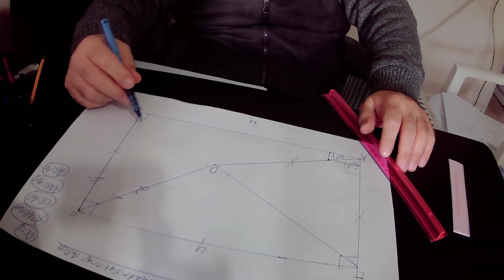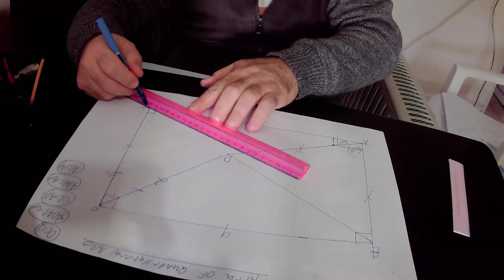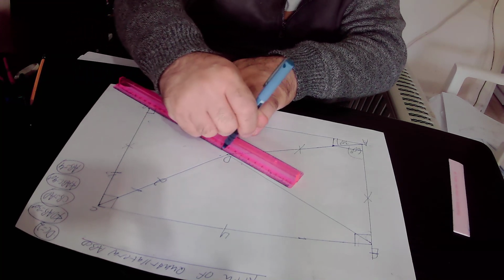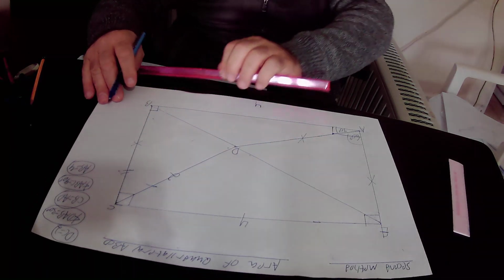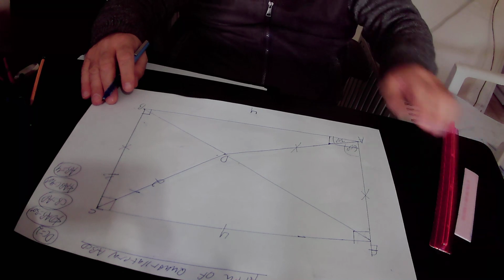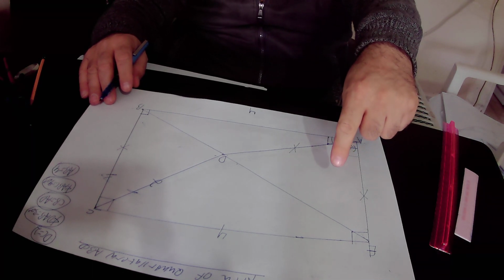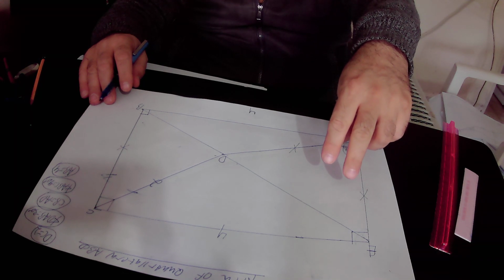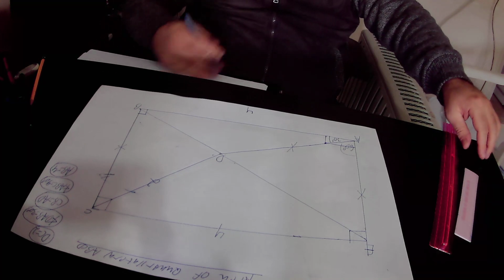And we will join points D and B together by a straight line. I will copy triangle AED in a new page and we will analyze it.